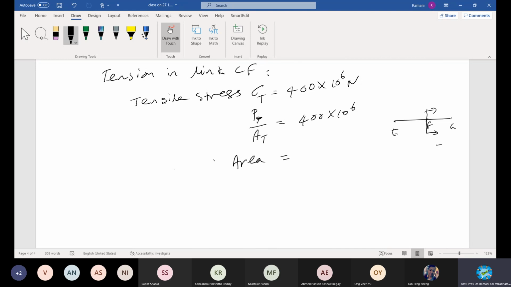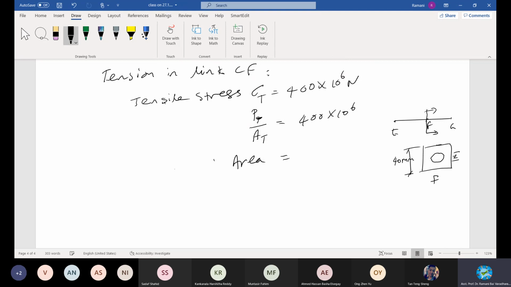You can see a bigger dimension like this. I'm at point F, drawing the cut section at F. How much is the depth? 40 mm, right? And then what is the diameter of the pin? 20 mm.